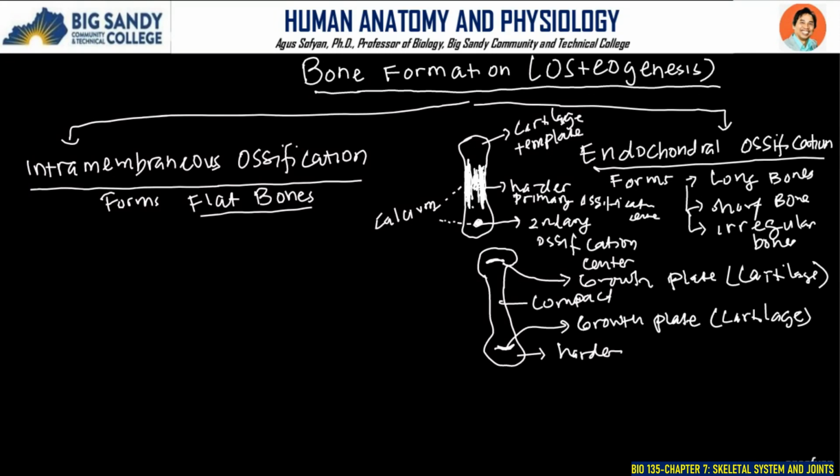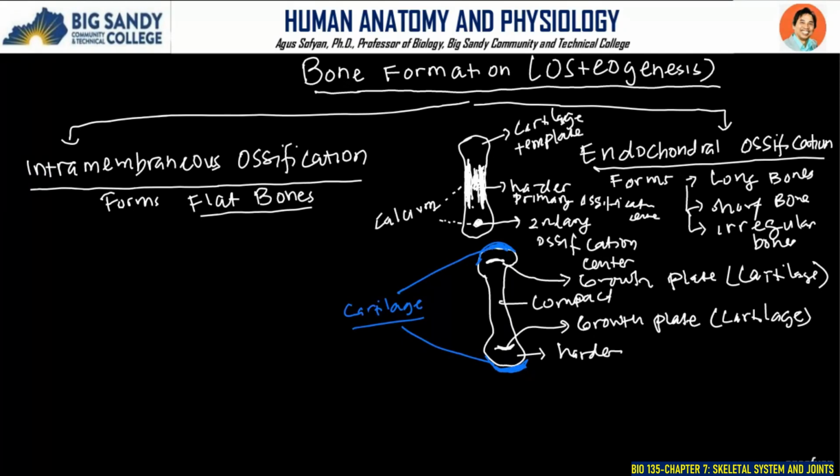And the end of the bone over here, I'm going to use blue color, will also stay as cartilage. Okay, so the end of the bone will stay as cartilage. And this actually helps us reduce the friction between bones.